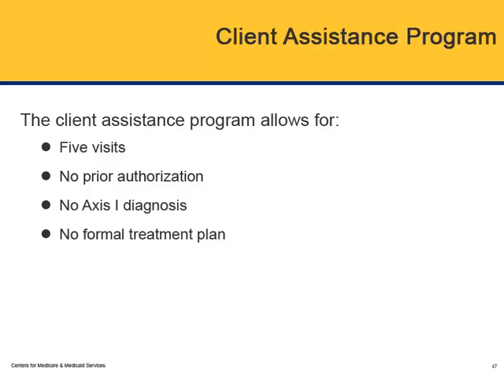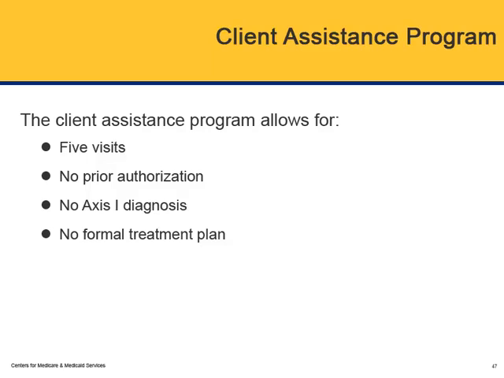However, the MCP expects the medical professional to register the visits. By registering the visits, the MCP can track the number of sessions per year. If additional services are required at the end of the 5 sessions, the professional must obtain prior authorization through the MCP. The program is called the Client Assistance Program, and is similar to an Employee Assistance Program, EAP.